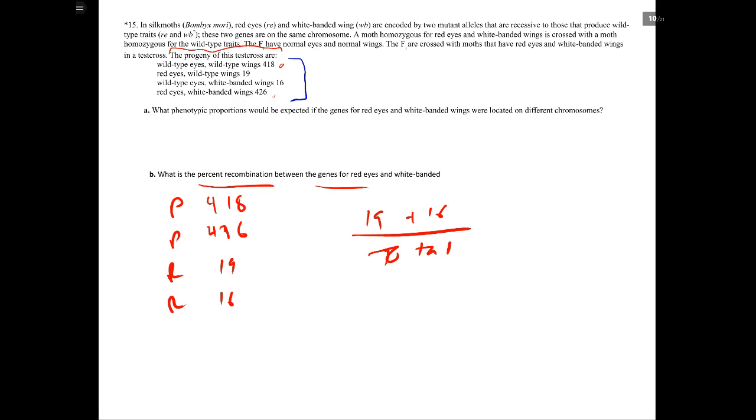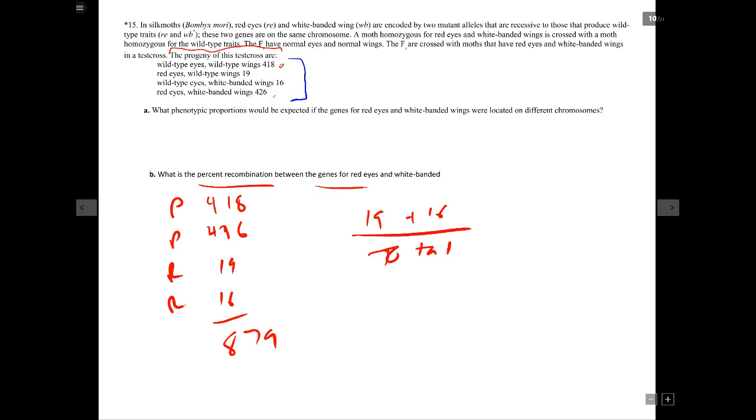So the total is 418 plus 426 plus 19 plus 16 equals 879.